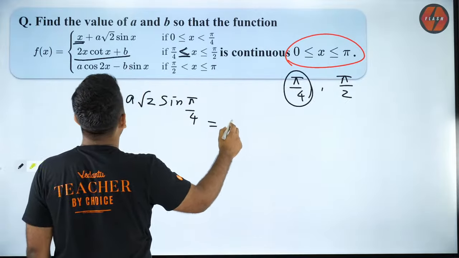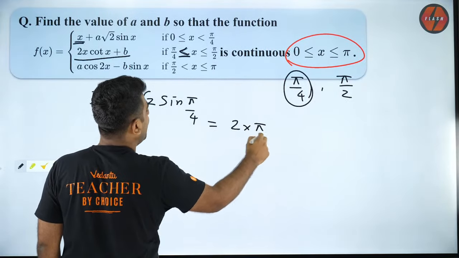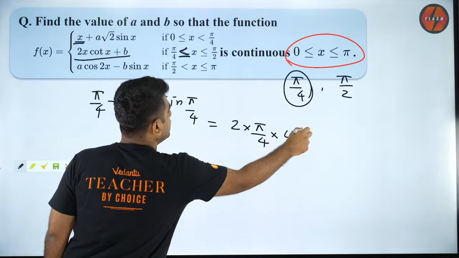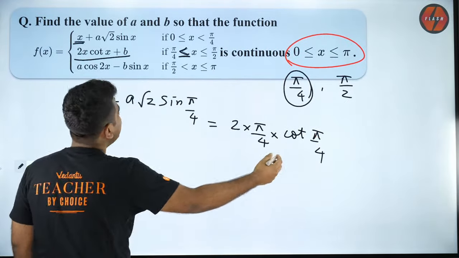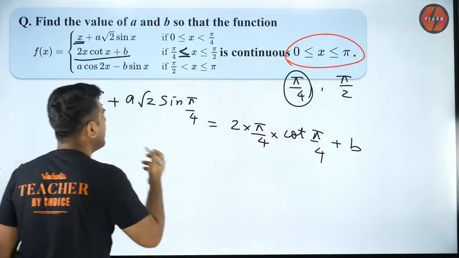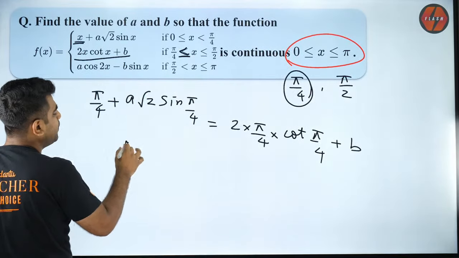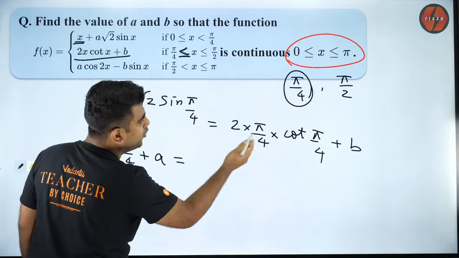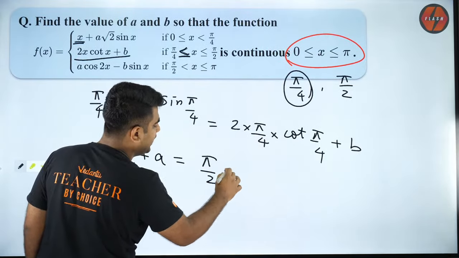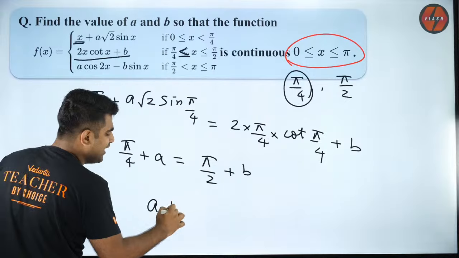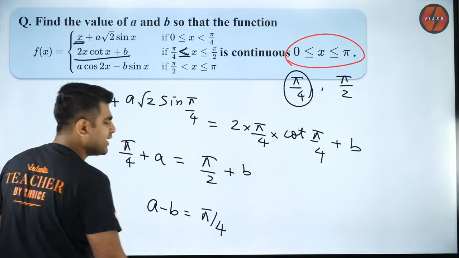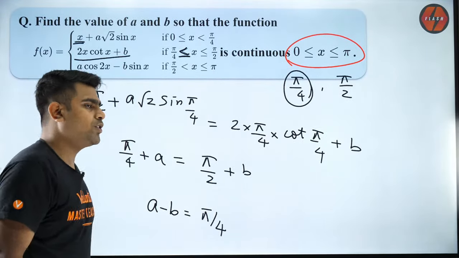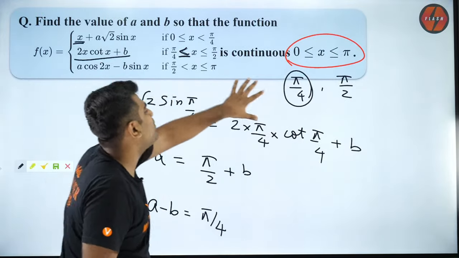So that will be 2 into pi by 4 into cot pi by 4 plus b. So I will get pi by 4 plus a is equal to, since cot pi by 4 is 1, pi by 2 plus b. So I will get a minus b is equal to pi by 4. Did you all get that? So this is from continuity at pi by 4.